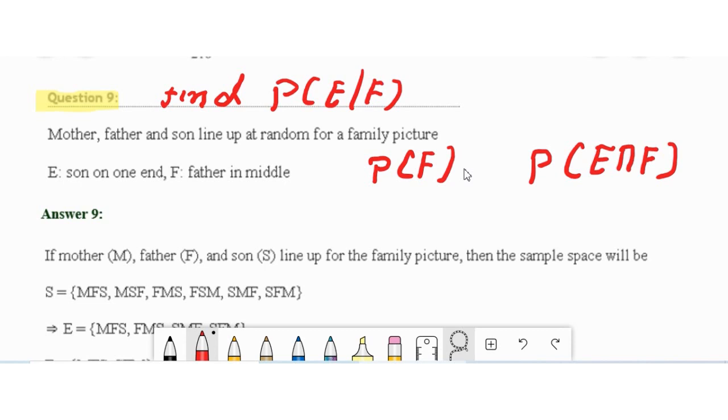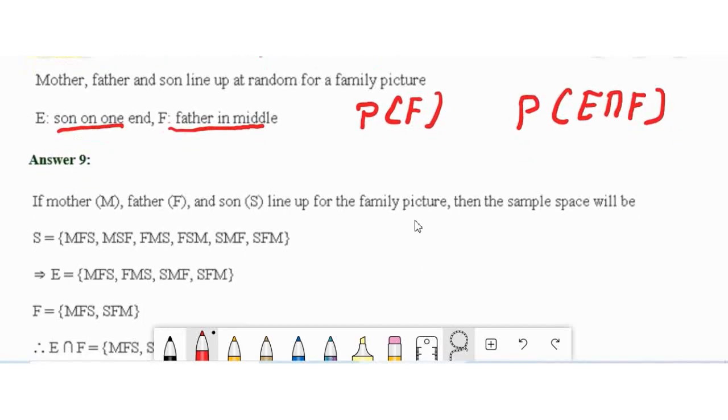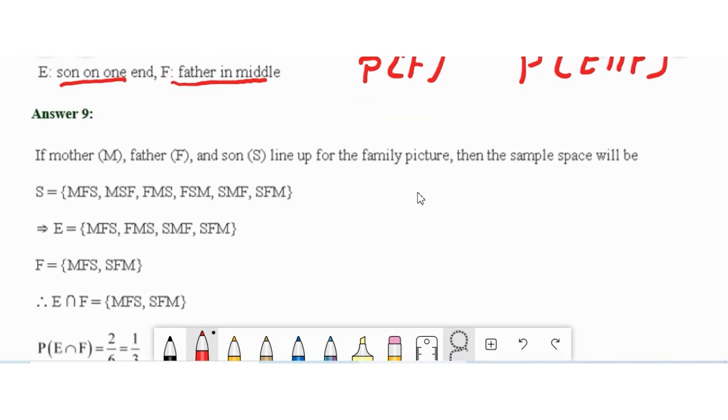Okay, what is event E? Son on one end. Alright, and F, father is in the middle. Okay, first of all, let me write down all the outcomes. So, these are the outcomes: MFS, MSF, FMS, FSM, SMF and SFM.